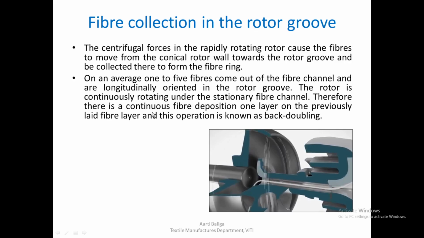Therefore, there is a continuous fiber deposition, one layer on the previously laid layer. Continuously there is layer upon layer deposited in the rotor groove before it is collected and withdrawn by this CDN. It takes a few turns, and this particular operation of laying fiber layers one on top of the other is known as back doubling. This term also we shall see in detail later on.